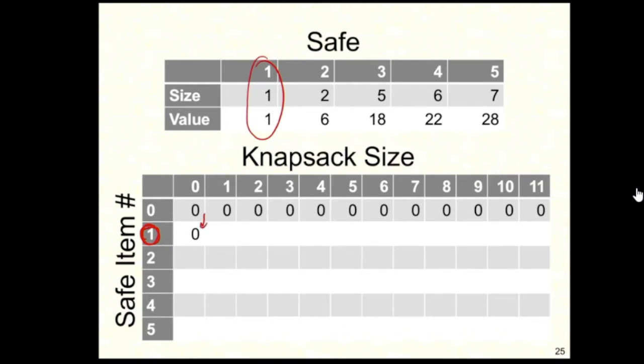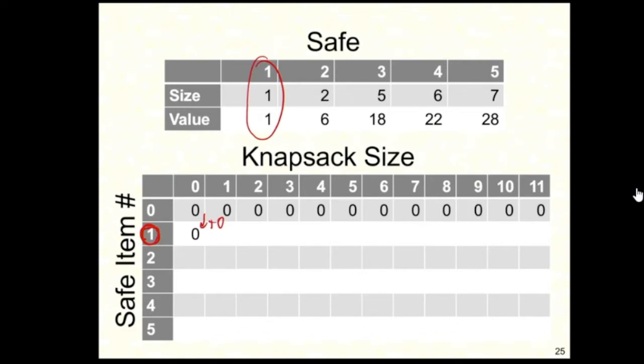It came from the row above me plus 0, basically saying anytime I'm anywhere in the table, whether I pick item 2 or don't pick it, my value could be at least as good as the best one above me. So if I move down in the same column, that's saying don't pick it. So I take the value above me and add 0 because I didn't pick this item. Now here, that's my only choice, is don't pick the item.